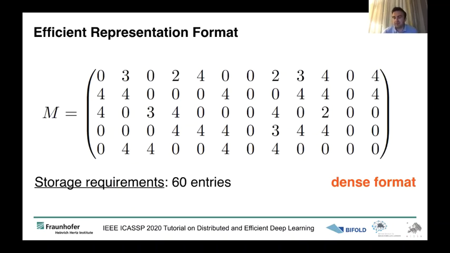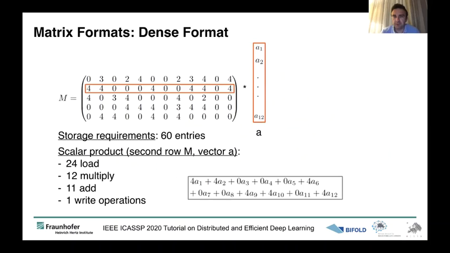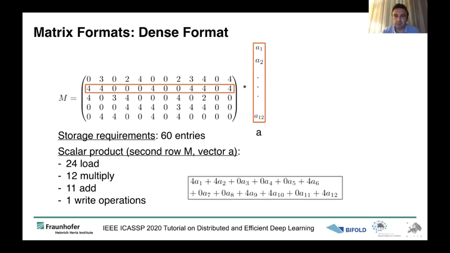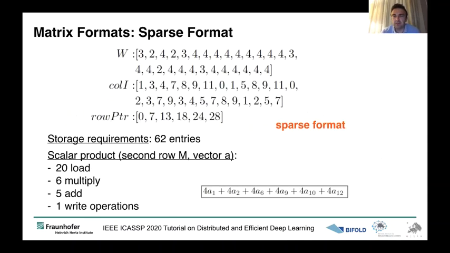And in this case, you have a weight sharing property. If you have many weights shared, for example, if you want to do the scalar product here, in the second row there is only 4 and 0, so you don't need to multiply with 4 every time, but you can do this trick.